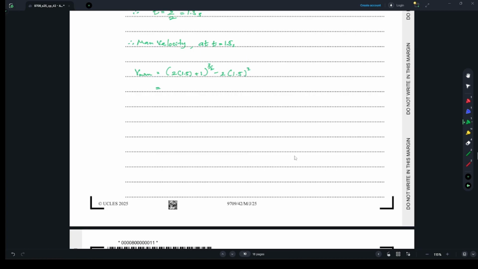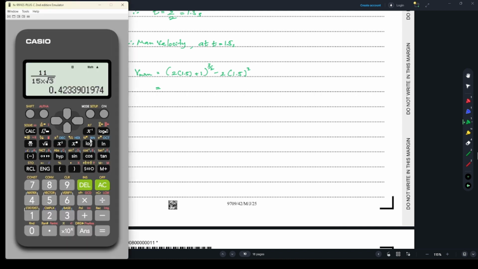Okay, so we can have the value. Let's clean it up. So we have a bracket, 2 times 1.5 is 3, 3 plus 1, 4, to the power, we can have here 3 over 2 or 1.5.